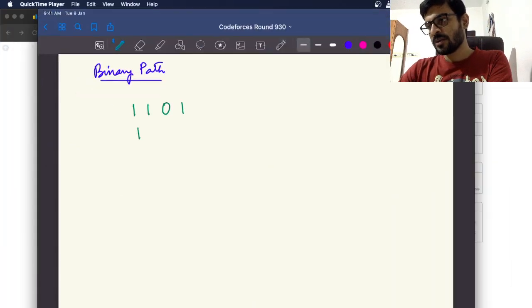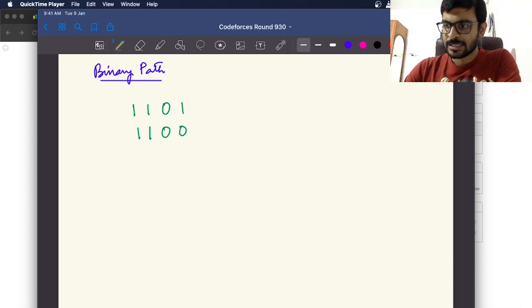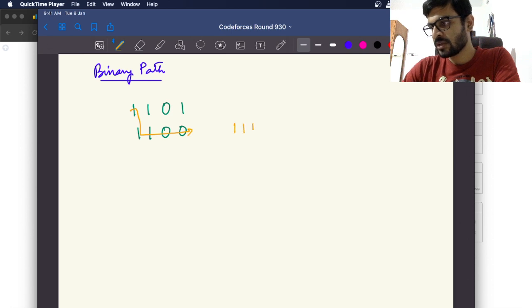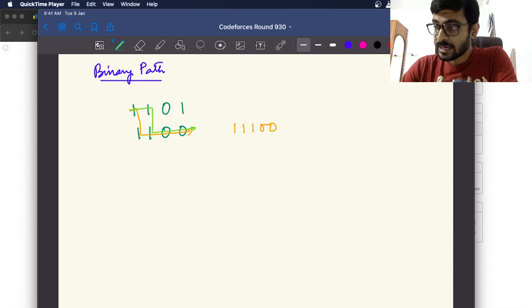1101 1100. So over here we can see that if we go first down and then to the right, what we will get is 11100. If we first go to the right and then down and then to the right, then also we get the same thing, 11100.